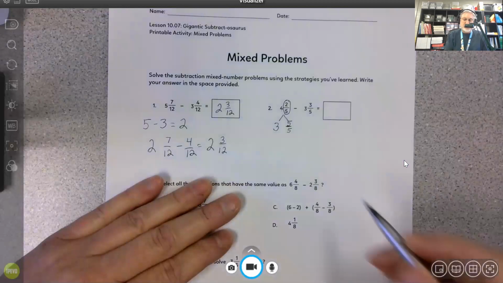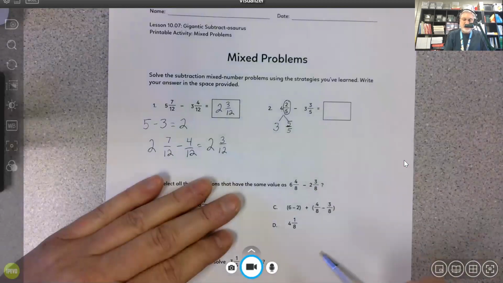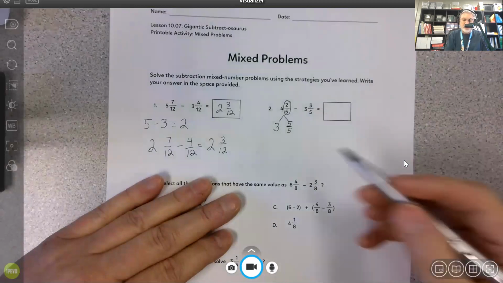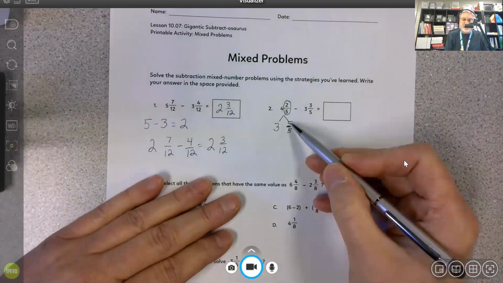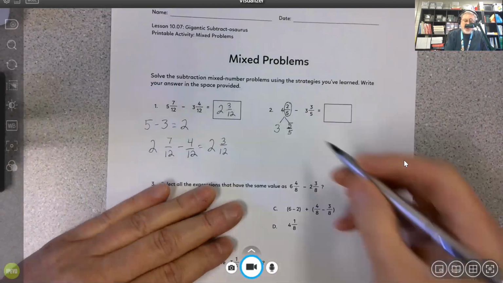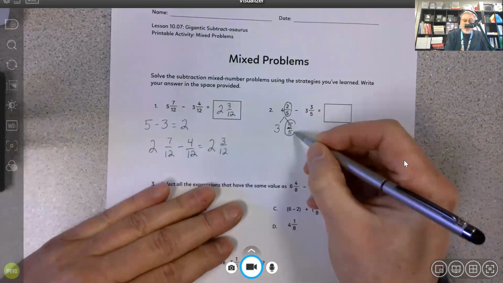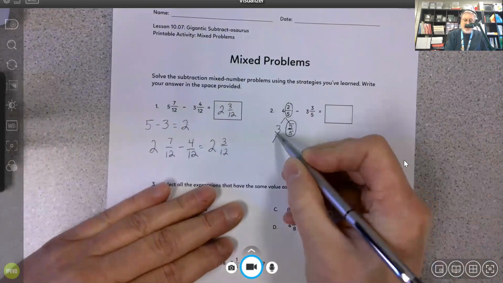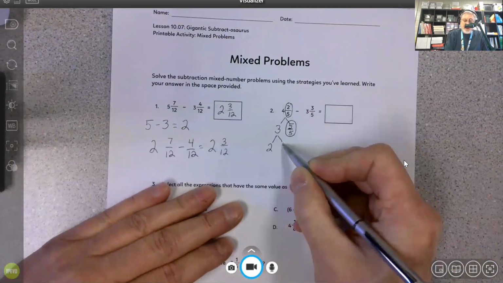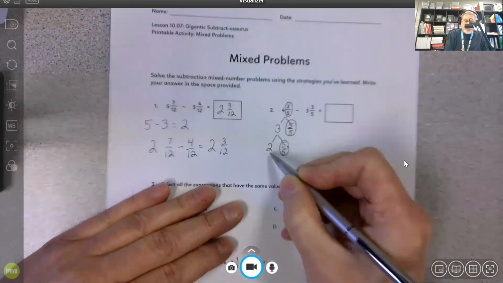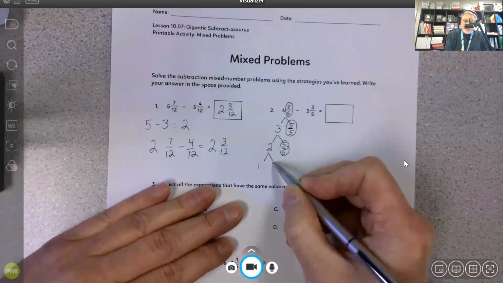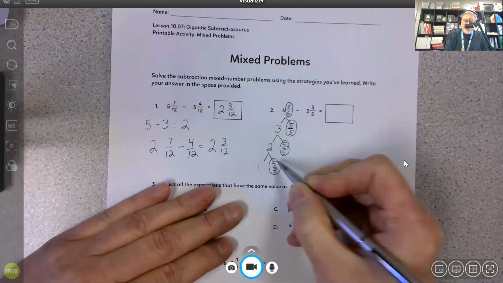Kind of similar to what we did when we were taking an improper fraction and making it into a mixed number. We're still creating wholes with fractions. And so when we do that, the numerator and denominator have to be the same. So I'm going to circle that. And we still have 3 wholes left because we want to get down to 0. So I take another one away and make another 5/5. I take another one away and make another 5/5. And I have 1 left.